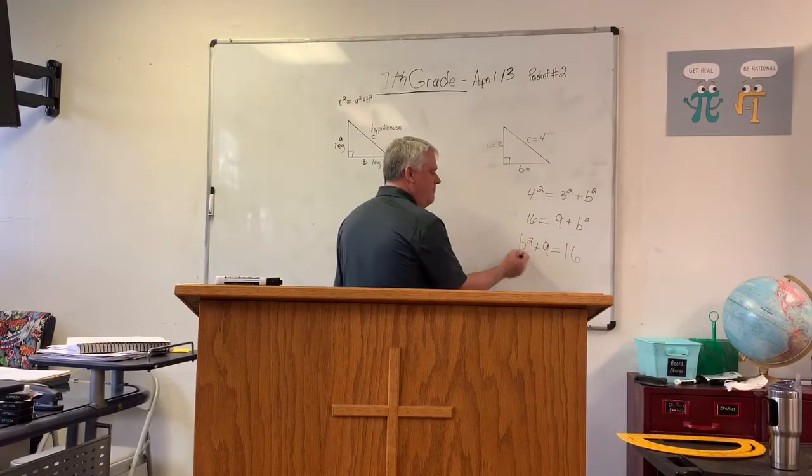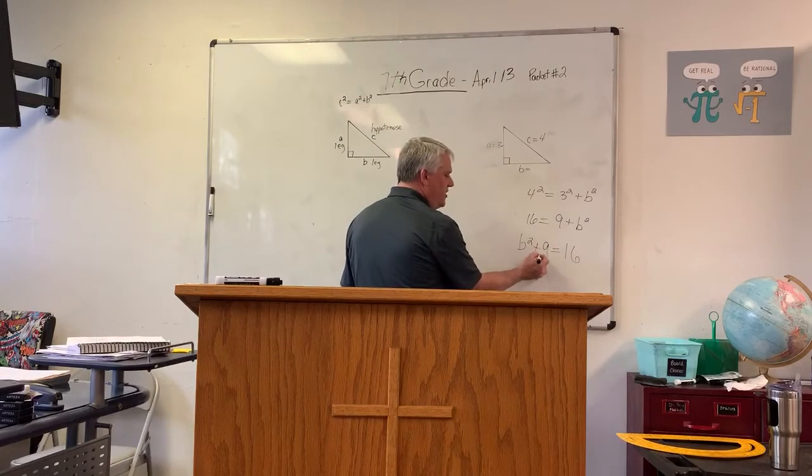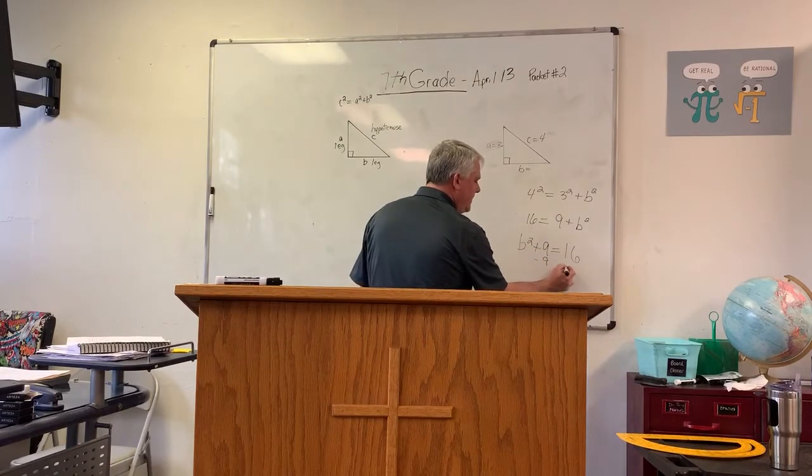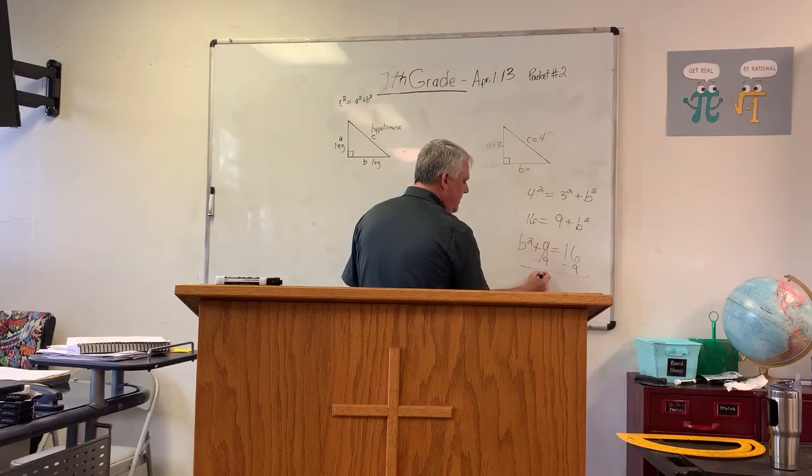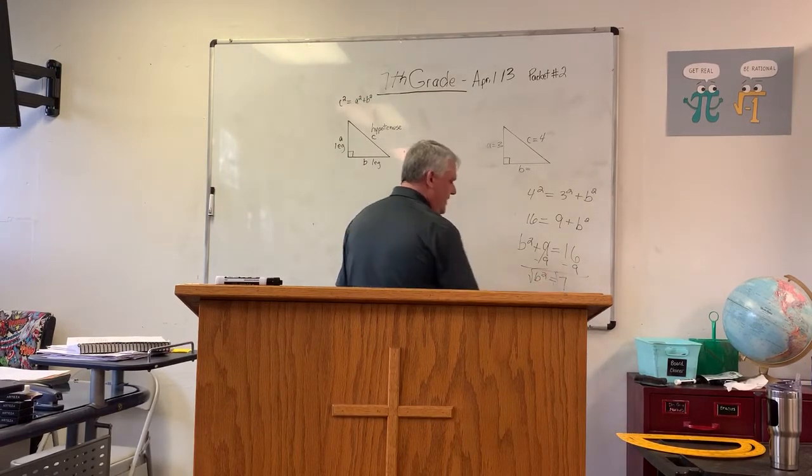Now I need to get B on a side by itself. So we know the opposite operation. We're going to subtract 9 from both sides. That cancels out, leaves B squared. 16 minus 9 is 7. Now I'm going to find the square root of both sides.